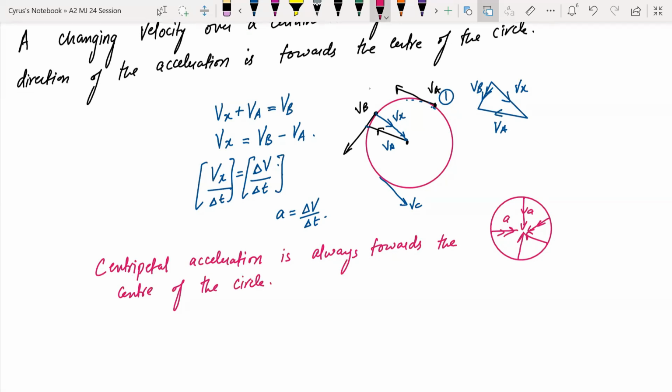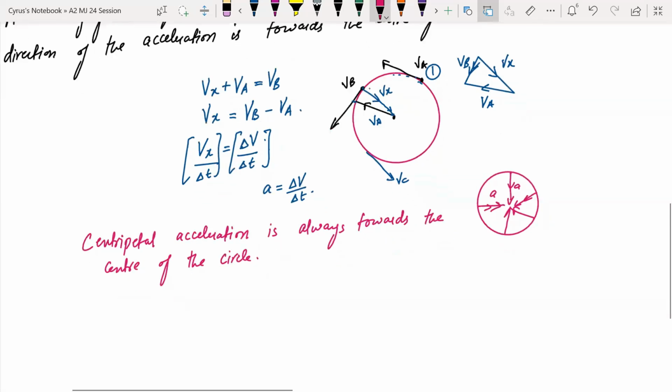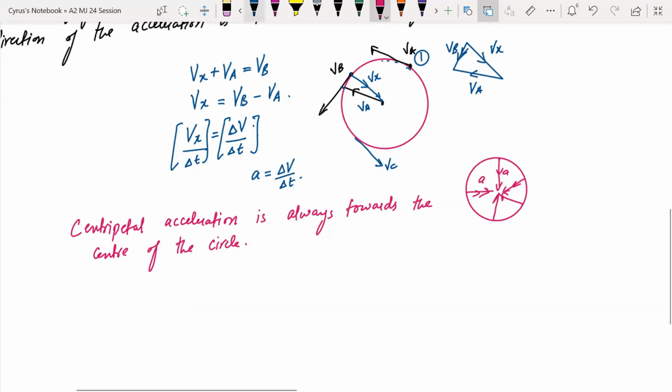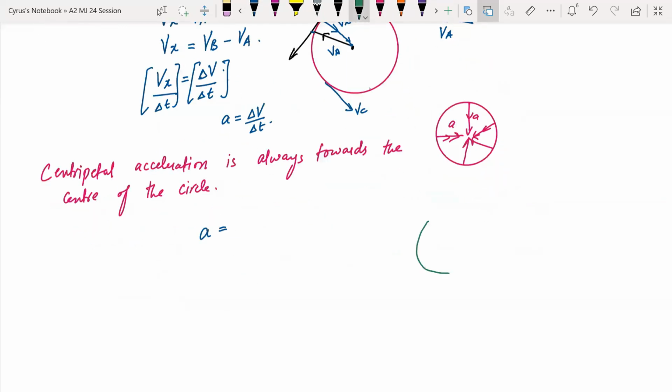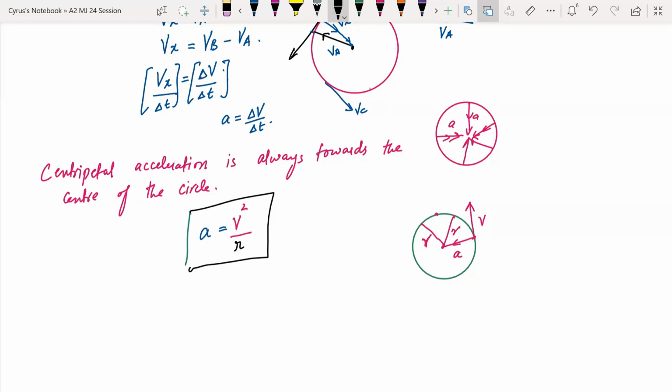इसकी जो डेरिवेशन है वो रिक्वायर्ड नहीं है आपको, ठीक है, लेकिन इसका फॉर्मूला आपको आना चाहिए. The formula for the centripetal acceleration is: if we have an object in a circle and v is the linear velocity, a is the centripetal acceleration, r is the radius, then acceleration is v square over r.